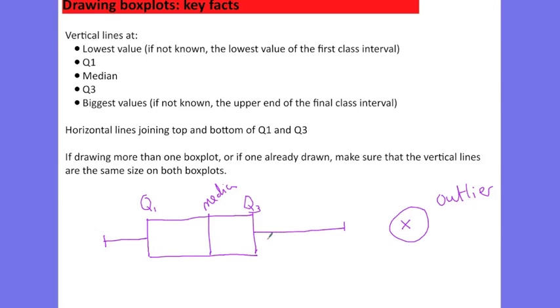So follow what has been done already for you. Really important around the lowest and biggest value. If it's not known, it will be the lower value of the first class interval. And here for the upper end, it will be the upper end of the final class interval. And we'll see some examples where we have to identify the lowest and biggest value.